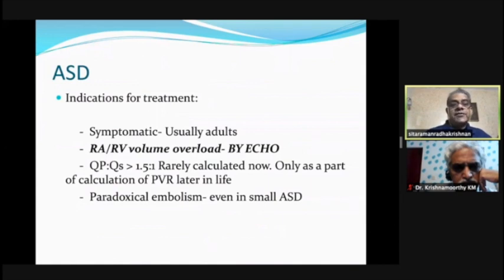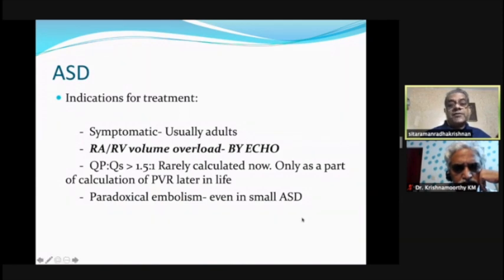What are the indications for treatment? Symptomatic. Remember that in the pediatric population, it is very, very rare for an ASD to be symptomatic. And it will be interesting to see how this is diagnosed, if at all it is diagnosed during childhood. Remember, approximately 30 to 40% of atrial septal defects are actually present in adult life.